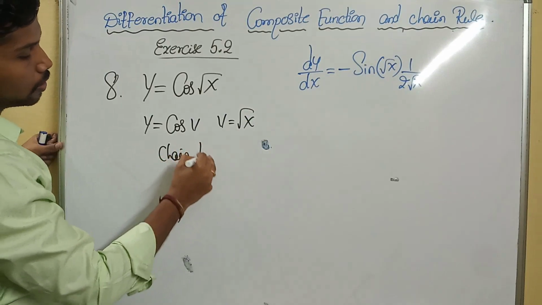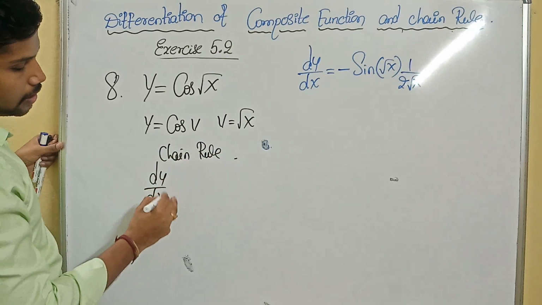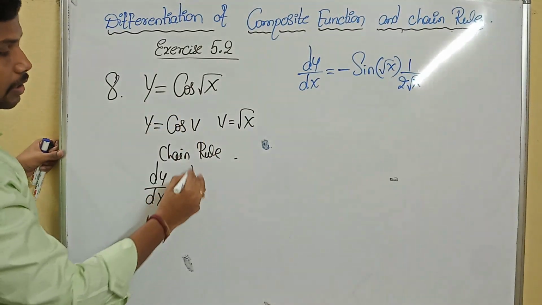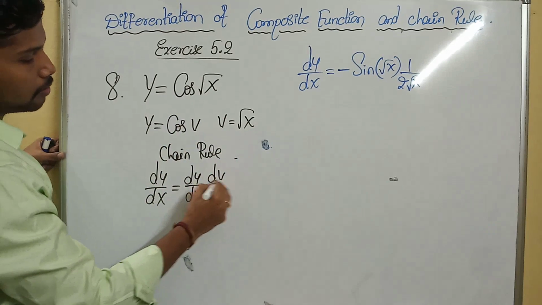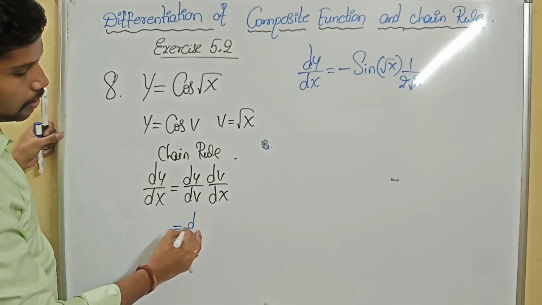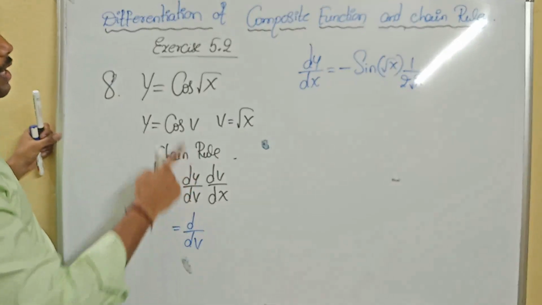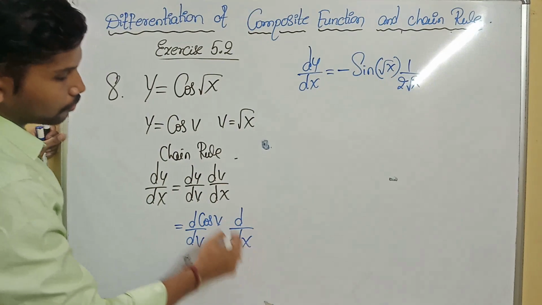The chain rule says here it is dy by dx because y is a function of x. After that dy by dv, v is a function of x, dv by dx. Okay. Now it will be d by dv of, what is y? y is cos v. d by dx of, what is v?